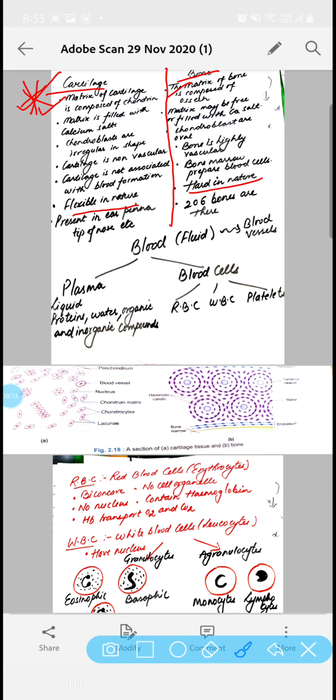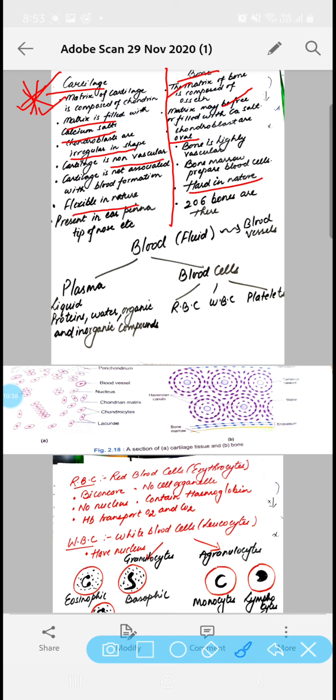Now in cartilage, the matrix is always filled with calcium salt. But in bone, the matrix may or may not be filled with calcium salt. Now in cartilage, the cells are irregular in shape. But in bones, the cells are oval in shape. Cartilage is non-vascular.